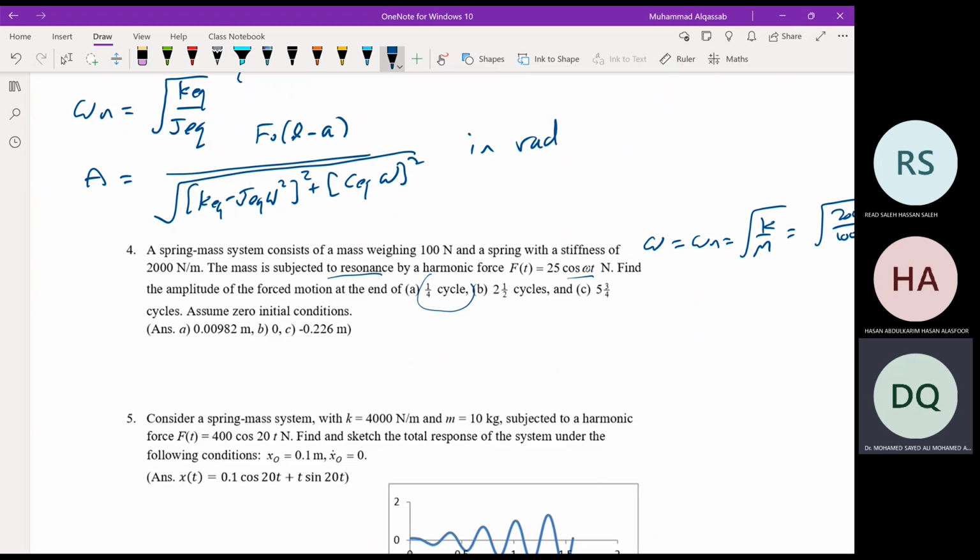So 1/4 cycle means tau. So t here for part A is equal to tau over 4. And t for part B is at t equal to 2.5 tau. And for part C, t is equal to 5.75 tau.